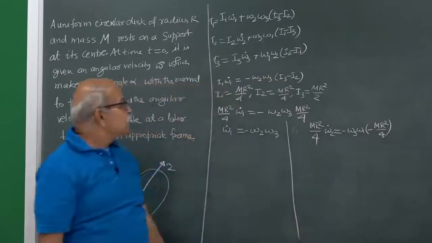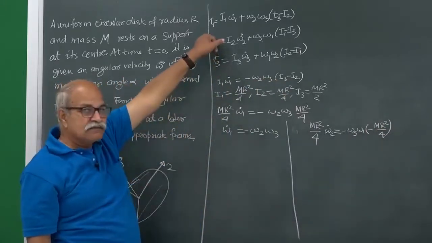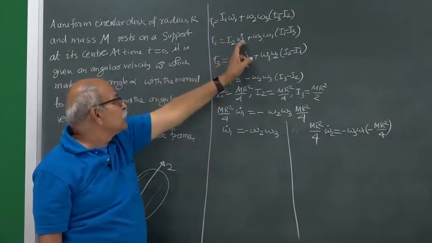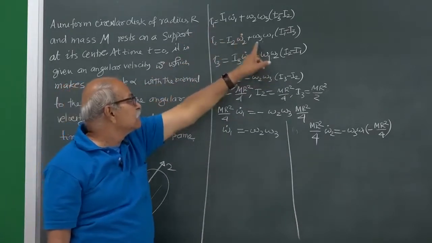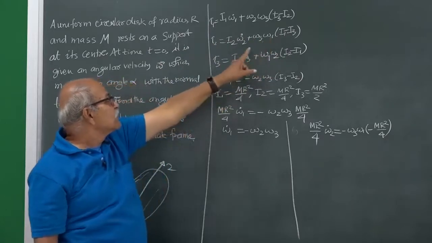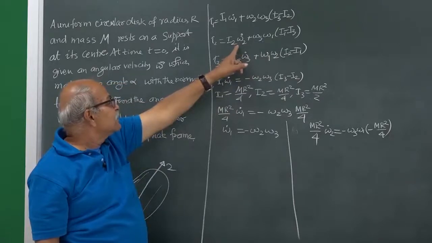See it once again, what I am doing? I am writing this equation, and tau 2 is 0. So, 0 is equal to this. So, I2 omega 2 dot is negative of omega 3 omega 1 into I1 minus I3, and that is what we are writing.